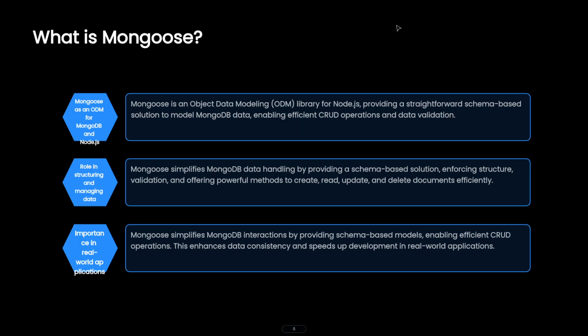Coming to the next point, importance in real-world applications. Mongoose simplifies MongoDB interaction by providing schema-based models, enabling efficient CRUD operations. This enhances data consistency and speeds up development in real-world applications.